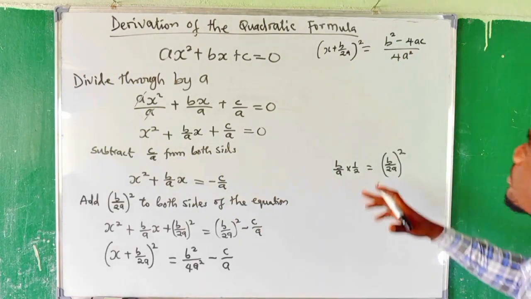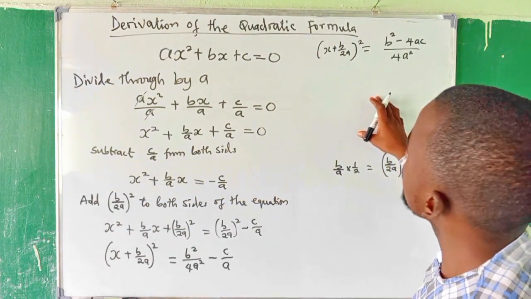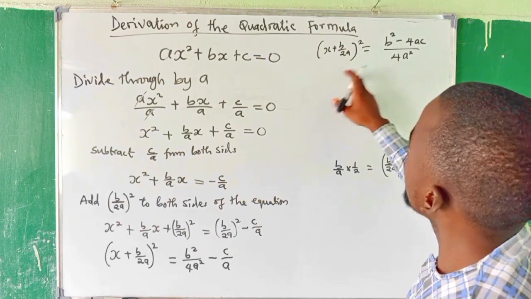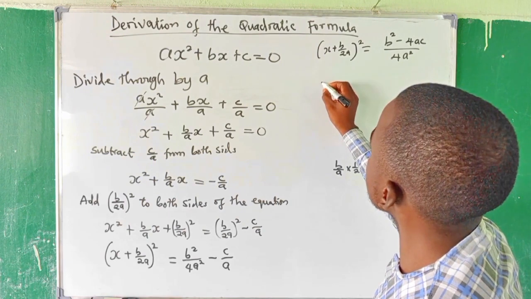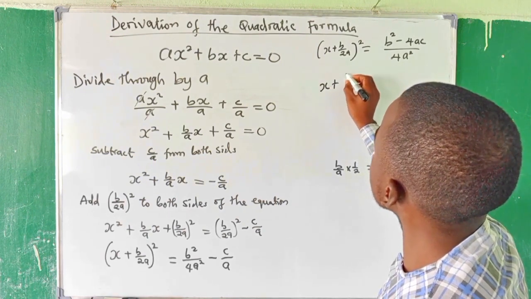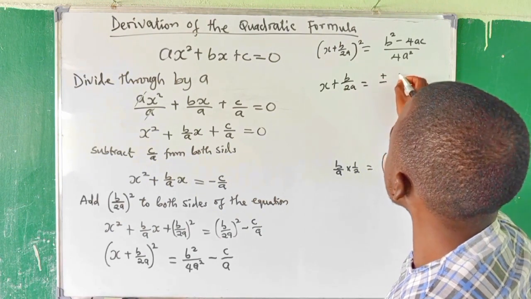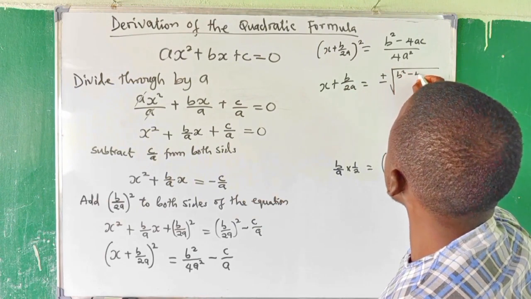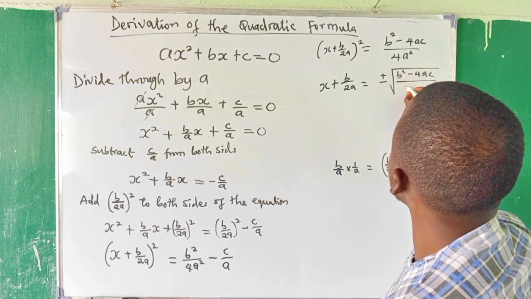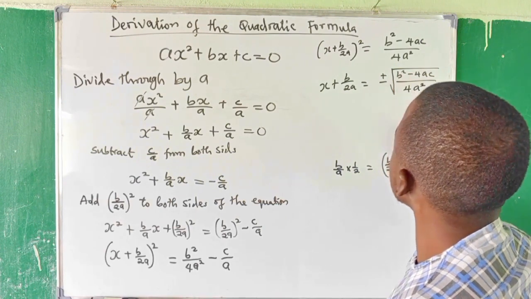Alright, having simplified this, we take the next step, which says we should take the square root of both sides of the equation. Now taking the square root of both sides of the equation gives us x plus b all over 2a is equals to plus or minus the square root of b squared minus 4ac divided by 4a squared.